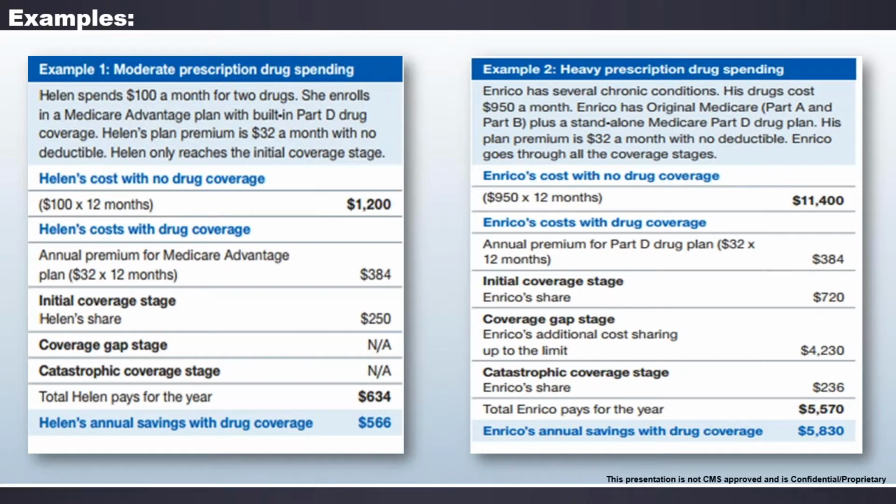And then his total out of pocket for the year is $5,570. Without drug coverage, if he didn't have the Medicare Part D standalone plan, it would cost him about $5,830 more. So he saved quite a bit by having the opportunity to have that standalone plan.